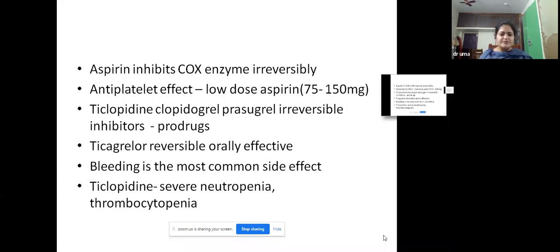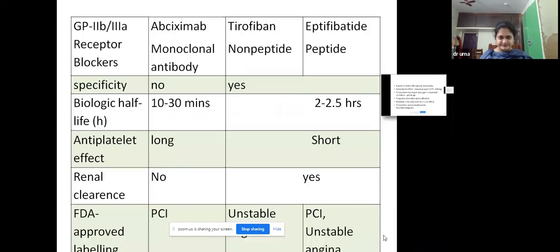Ticlopidine, clopidogrel, and prasugrel are irreversible inhibitors and prodrugs. Ticagrelor is a reversible inhibitor and is orally effective. Bleeding is the most common side effect of these drugs, and with ticlopidine there is severe neutropenia and thrombocytopenia.